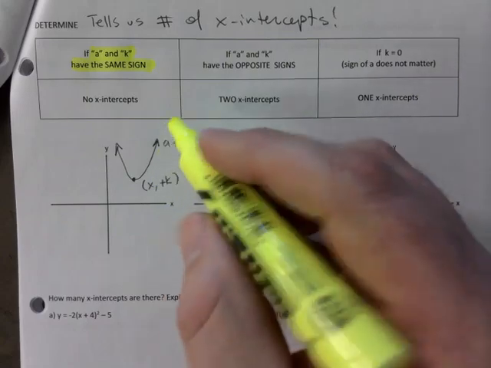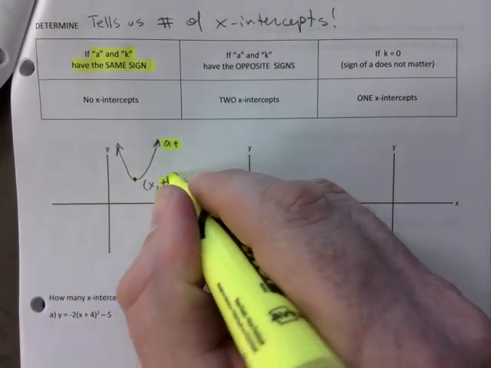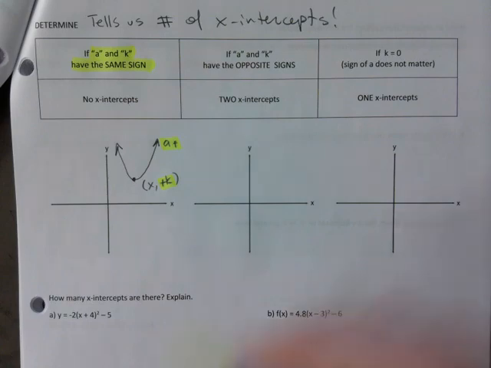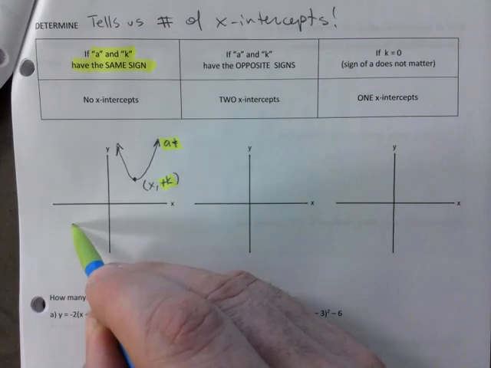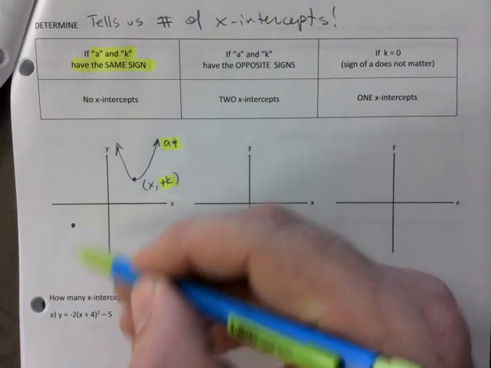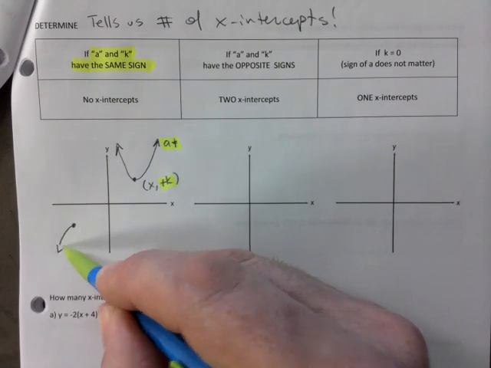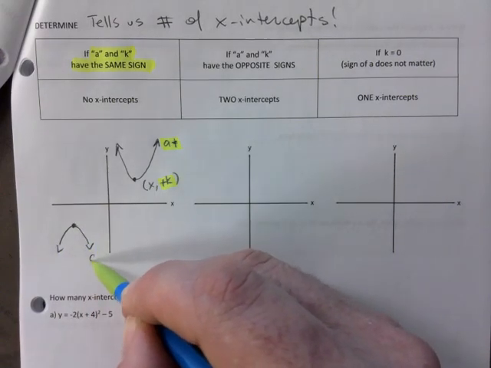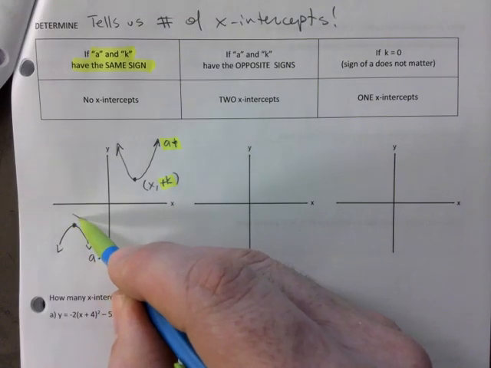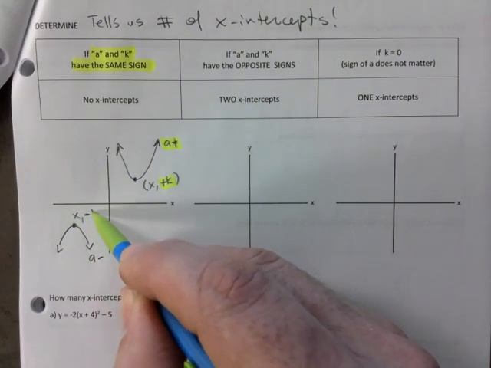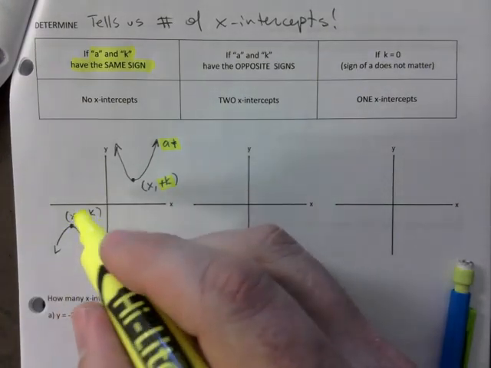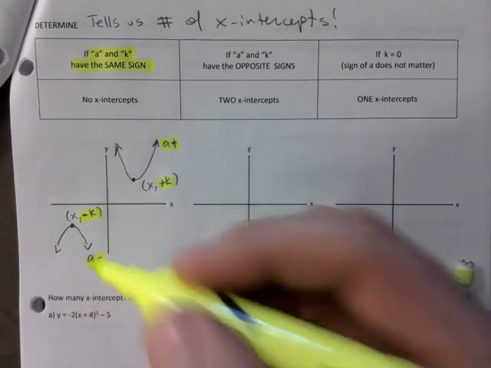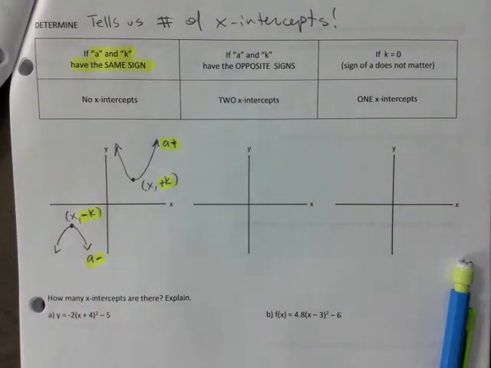So again, it has to do with A and K. If K is negative, then that means that the vertex is somewhere below the x-axis. And if A is negative, it's pointing down. So A is negative, and K will also be negative. So if they have the same sign, you can bet that there's not going to be an x-intercept. It's just not going to happen. Okay?